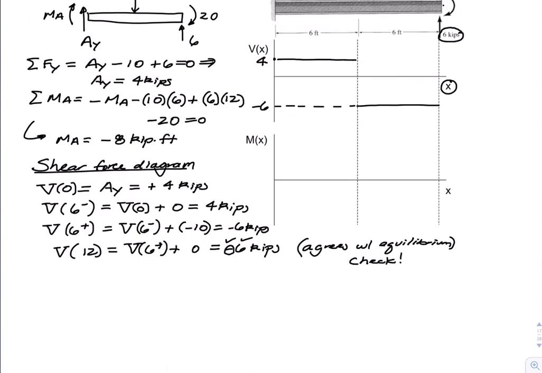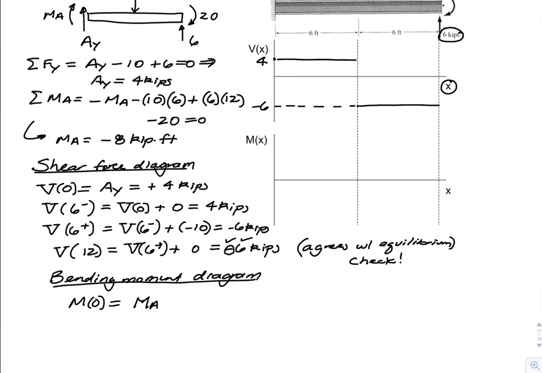Let's do the same thing for bending moment. We're going to start at the left side again and move to the right. So the bending moment diagram is the bending moment at 0, which we saw here was equal to MA.